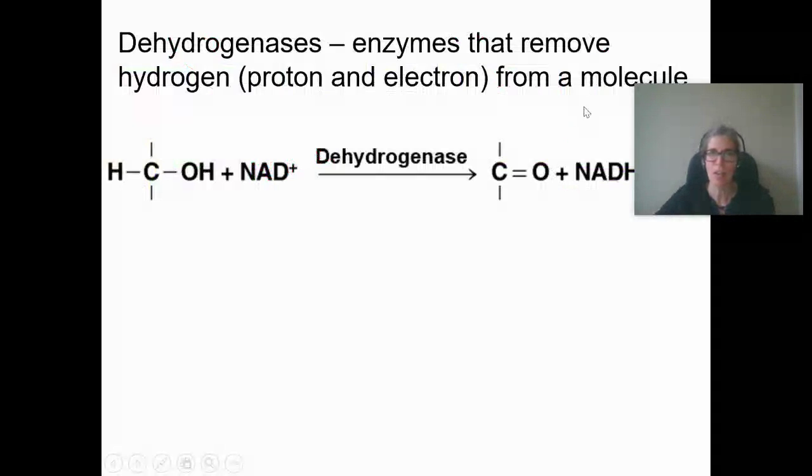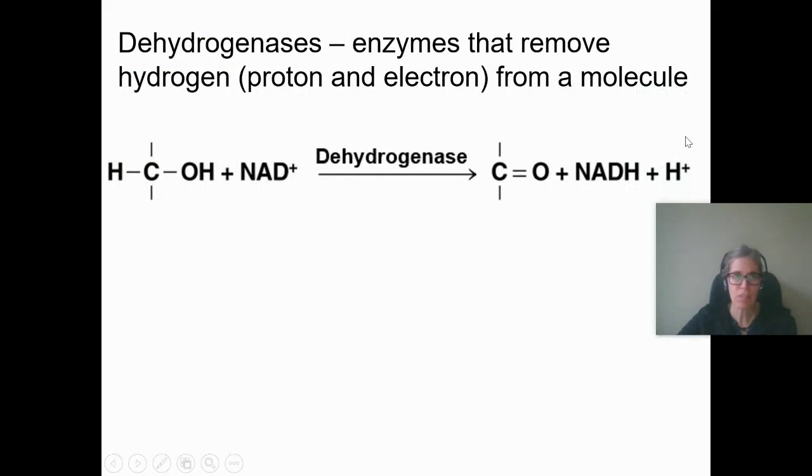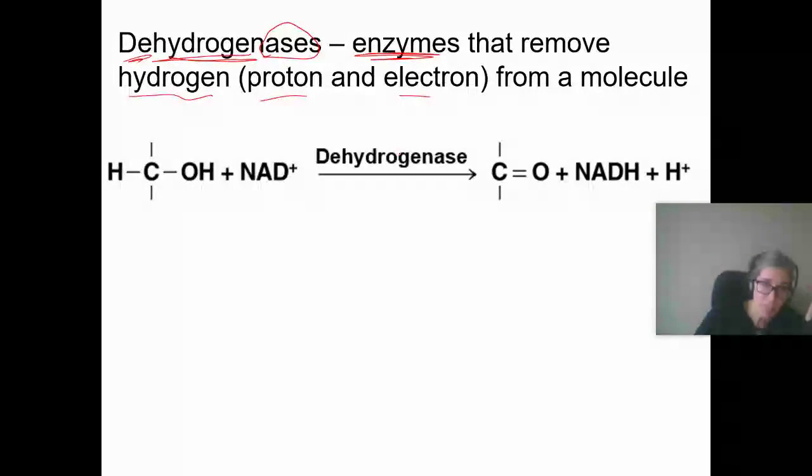All right, so a couple of other little points before we finish here. There are some enzymes. So look at this, dehydrogenases, ACE, ACE, ACE, ACE. That will tell you that it's an enzyme. Hydrogen is hydrogen, right? And D means to take off. So these remove hydrogen, which is a proton and an electron from a molecule. So these are enzymes that take off electrons.